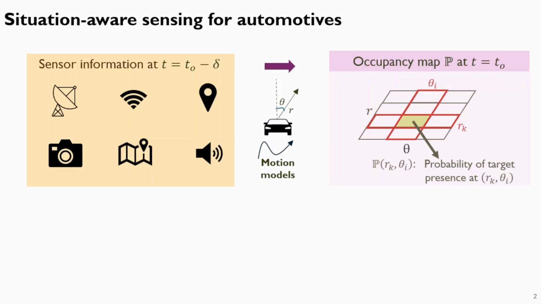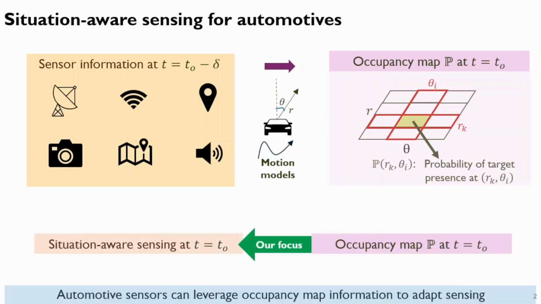Now, what we've been focusing on in my group at Delft is the inverse problem, okay? So that is, given occupancy map information at a particular time instant, how do we take this information right to the level of sensing? Okay, so it's very different from sensor fusion.